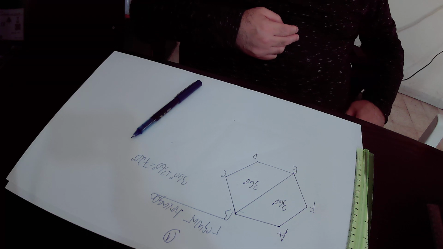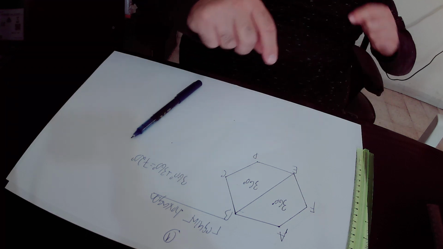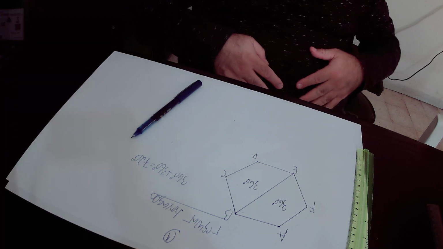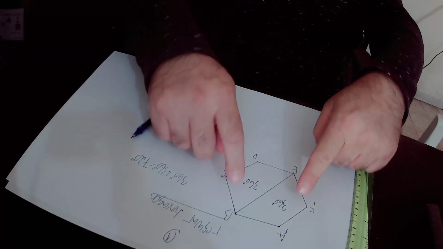And what is the size of one interior angle of this regular hexagon? We have 6 interior angles.